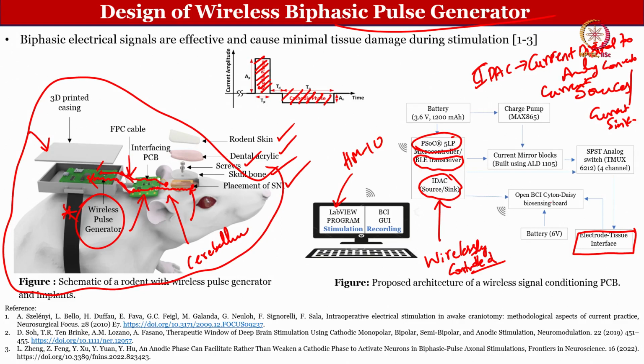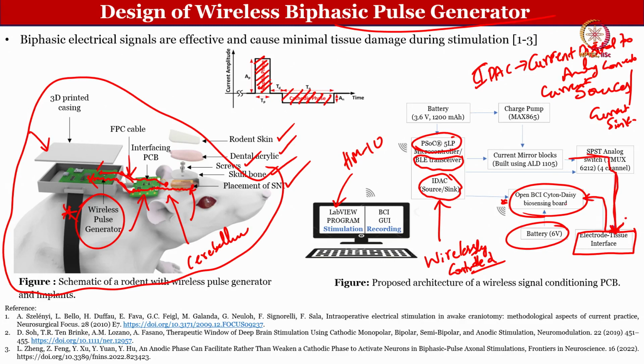So, we do not talk about the biosensing board, because this is commercially available and it is supplied with the battery. Now, for this you can choose a switch, right.